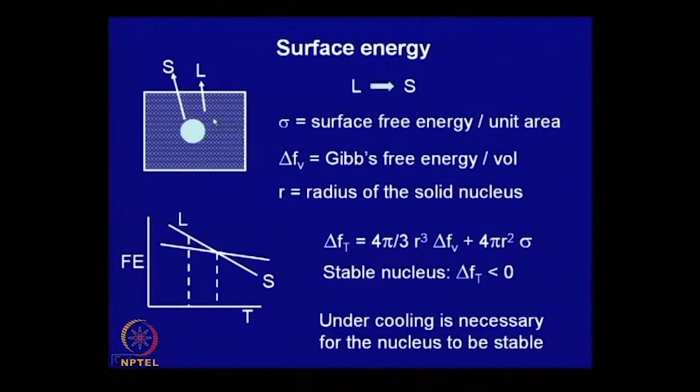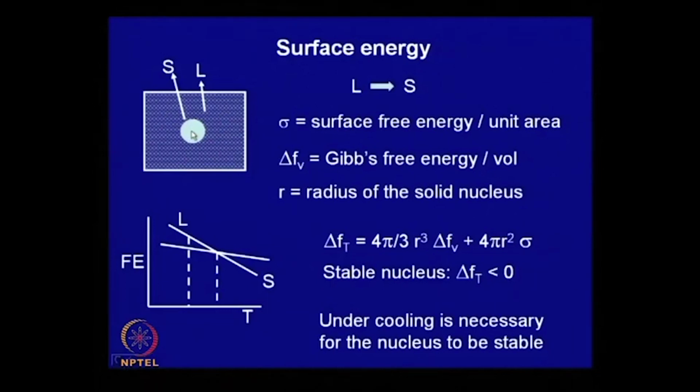Then a new area is created, and the surface area of a sphere is 4 pi r square. Now, if sigma is the surface energy per unit area, then the energy is 4 pi r square times sigma.